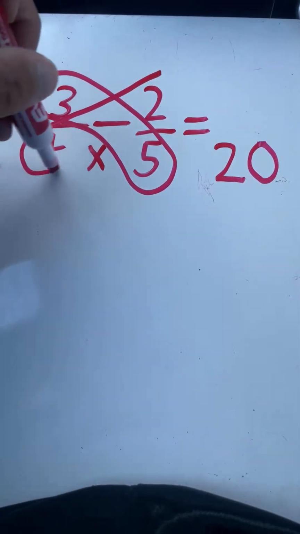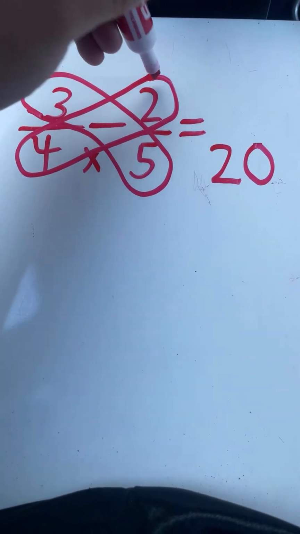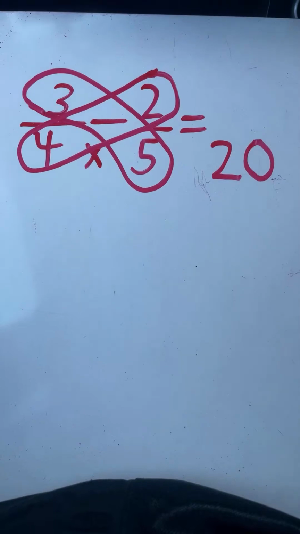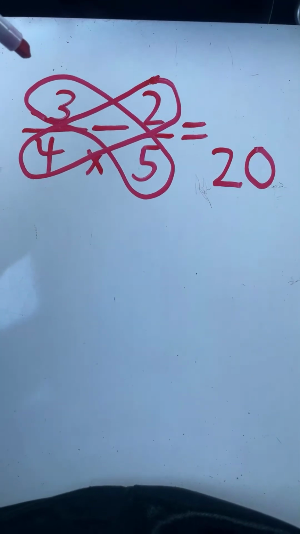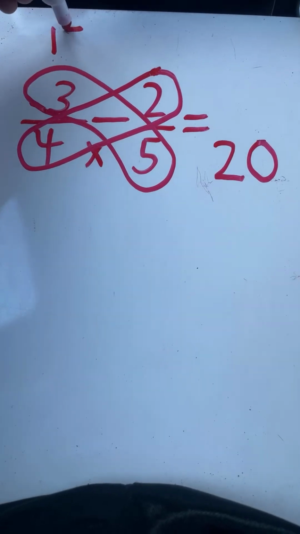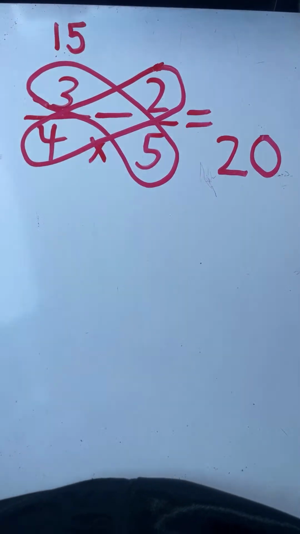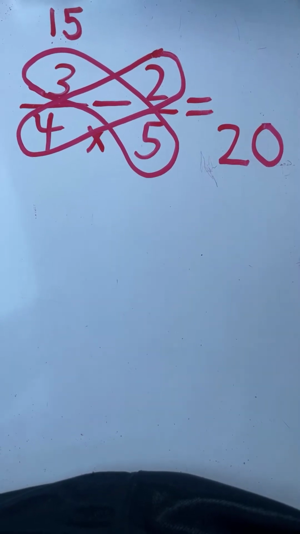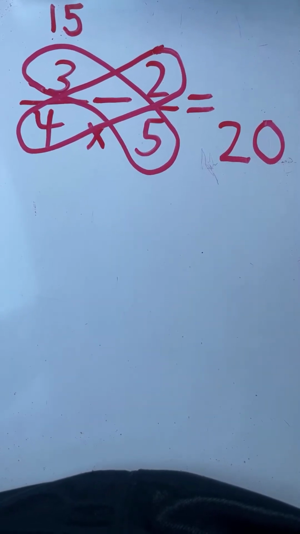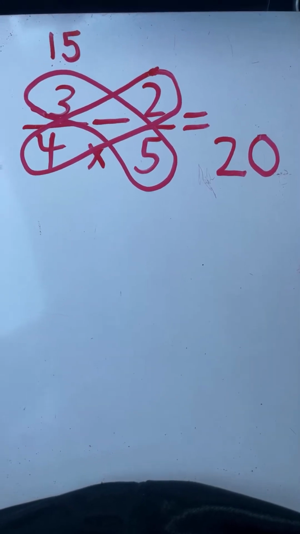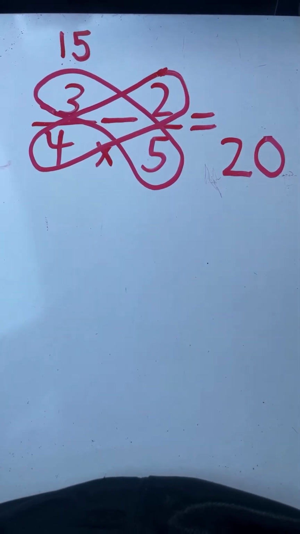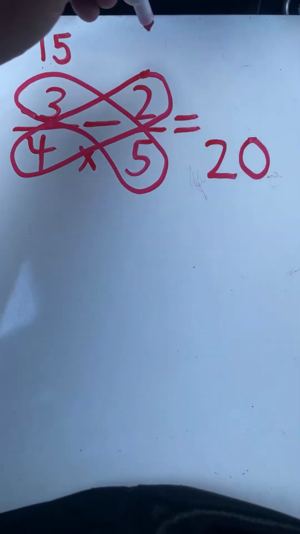Next, we cross multiply. We are multiplying our numerator times the opposite denominator. So 3 times 5 equals 15. 4 times 2 equals 8.